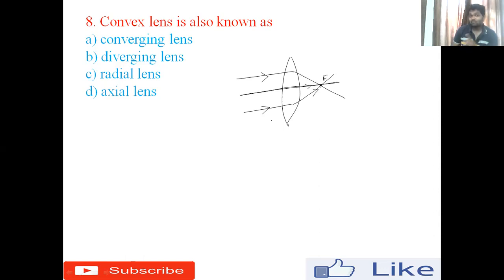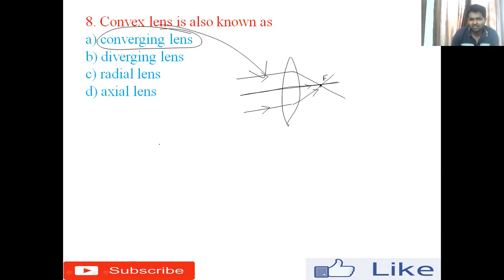That is the case when the light rays come parallel to the principal axis. Then after refraction, they will converge, meet, or gather at one point. That's why we call a convex lens a converging lens. Clear? So the right answer for this question is option A, converging lens.